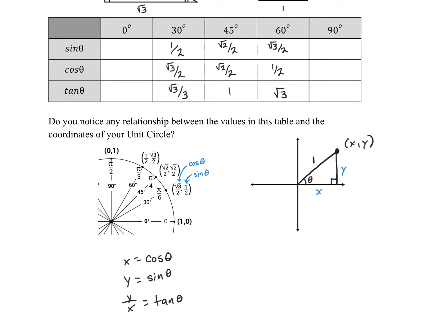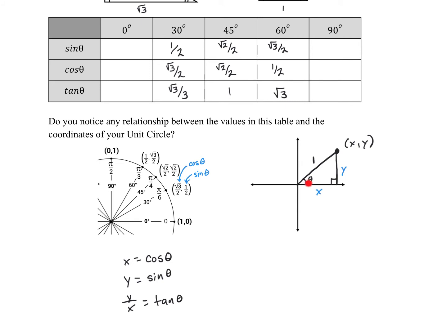If I do the sine of this angle, sine is opposite over hypotenuse, which is y over 1. And so that's why the sine of our angle is equal to the y value of the coordinate. And if I do cosine of this angle, it's x over 1, which is why the cosine of any angle on the unit circle is equal to its x value, the x value of the coordinate.